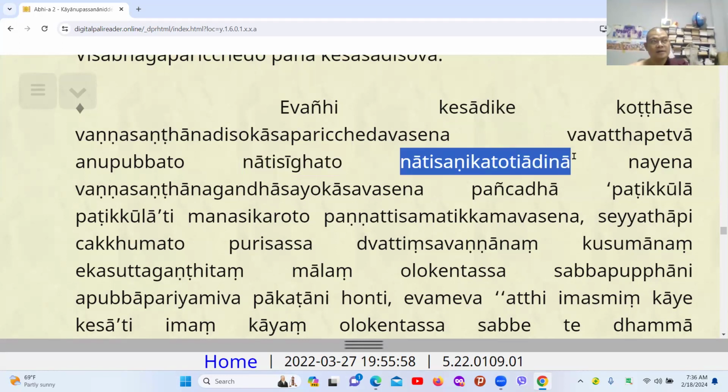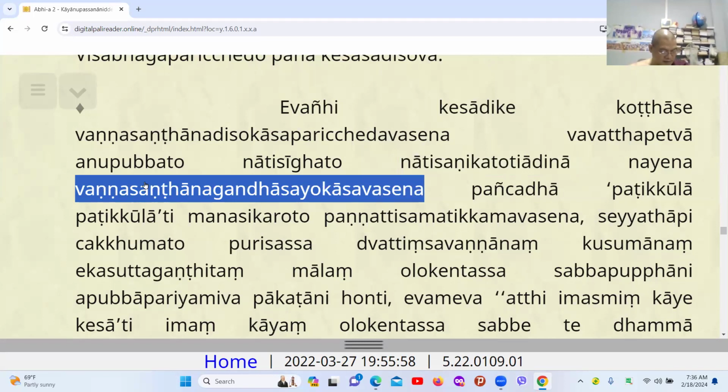So we have Manasikara Kosala, skill in attention. Now the five aspects here.